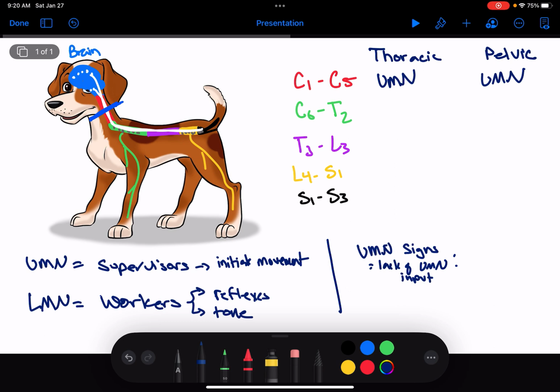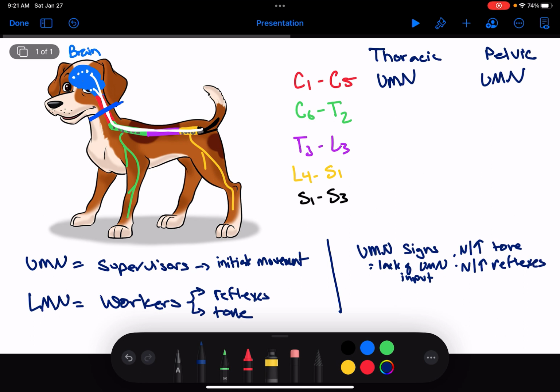And remember what happens when we have no upper motor neuron input. Our workers have no supervisor telling them, hey, don't make an over surplus, otherwise we're going to have to cut our prices to get rid of it. And so what we're going to see is either normal to increased tone or normal to increased reflexes. And so those are what we call upper motor neuron signs.